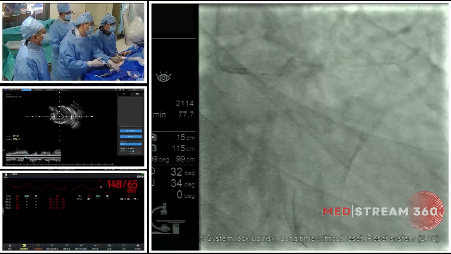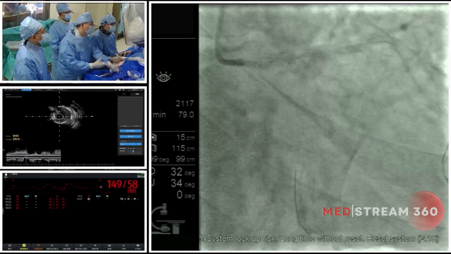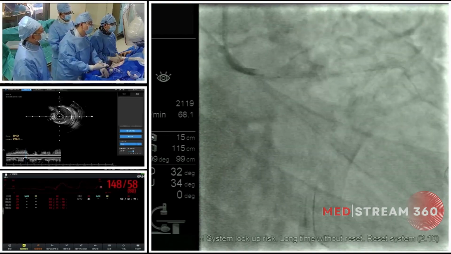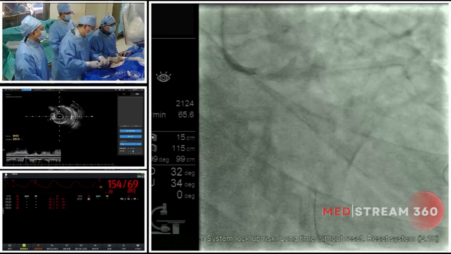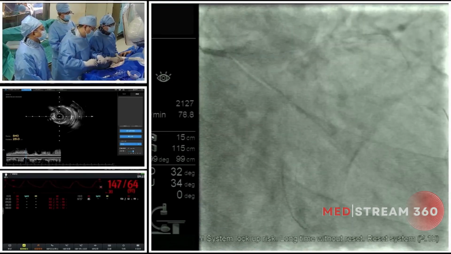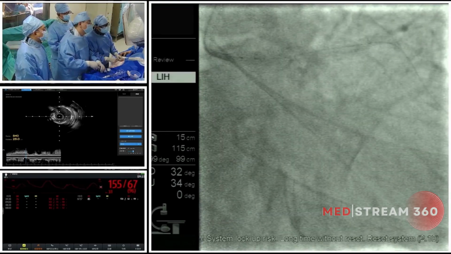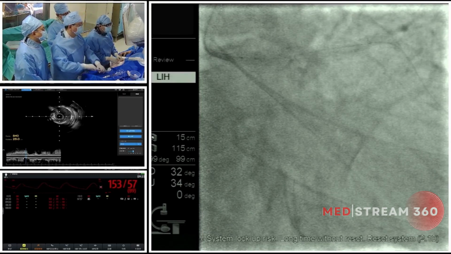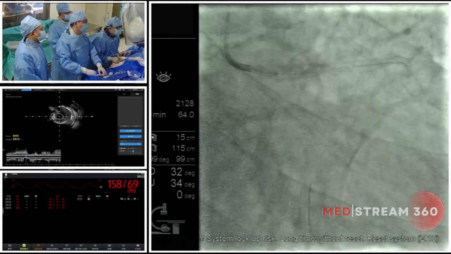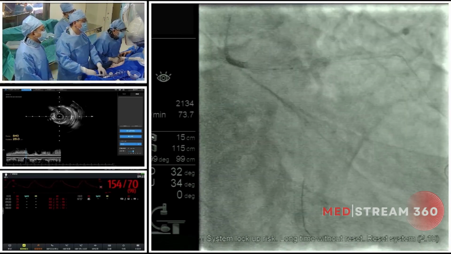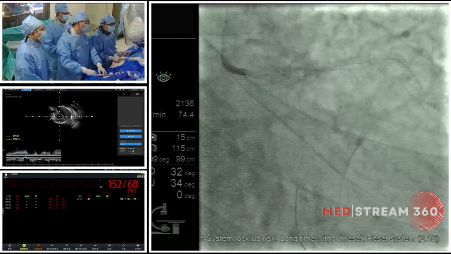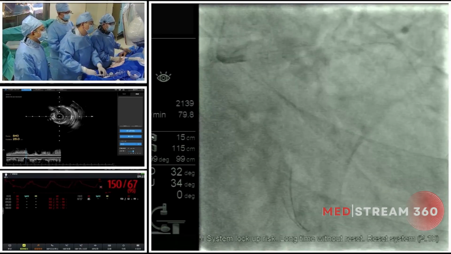Dr. Gong, as we all know, we have more and more provisional strategies in PCI nowadays, so it's much easier and has good long-term outcomes. When we do the POT technique, which position will you choose the first time you do the POT?